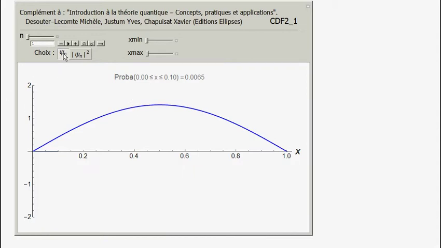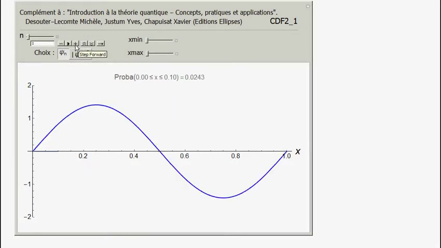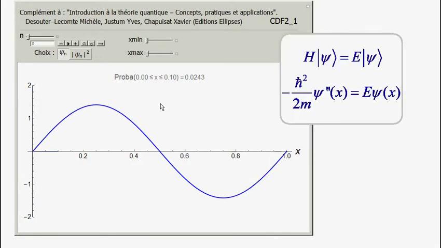By choosing Cn and by varying the quantum number n, which takes positive values equal to 1 or larger than 1, we can see the different acceptable eigenfunctions of the time-independent Schrödinger equation, which is written here for the case where the particle has only kinetic energy.